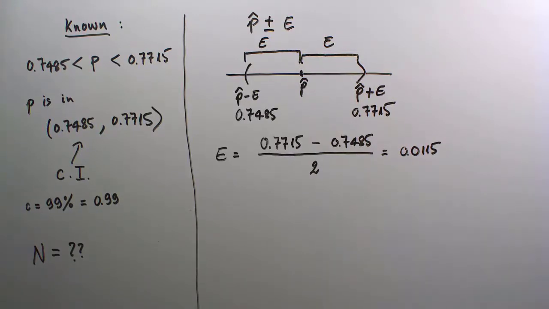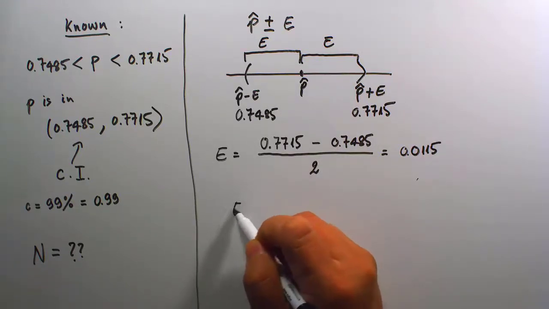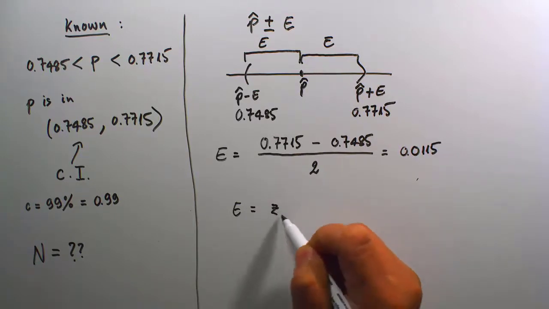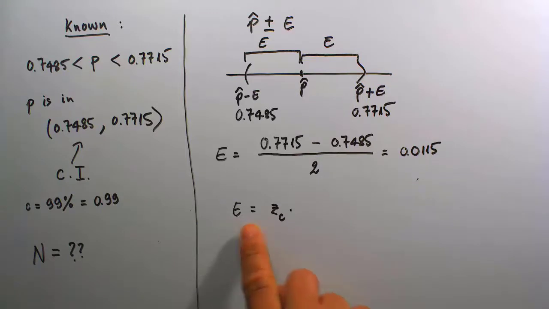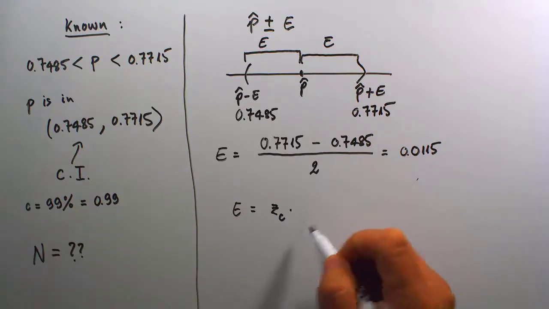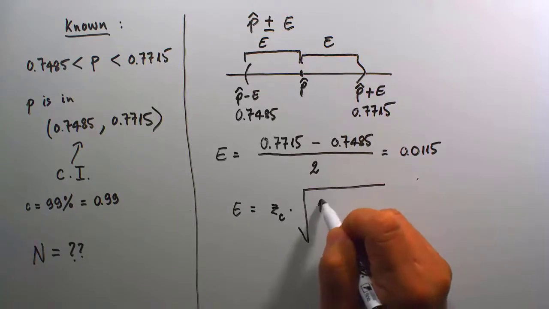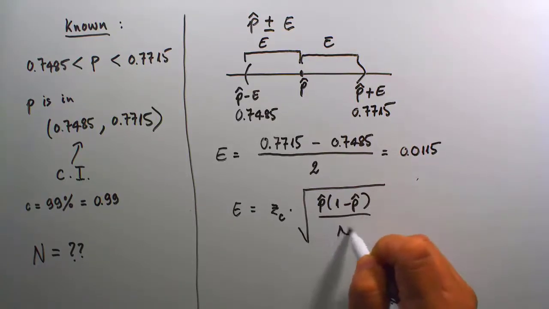And so now that we have the margin of error, think about one more time. Let's look back at the formal formula for finding margin of error. So margin of error equals z sub c. We can calculate z sub c easily, so I'm holding that for another step right here. But z sub c times the square root of p hat times 1 minus p hat over n.